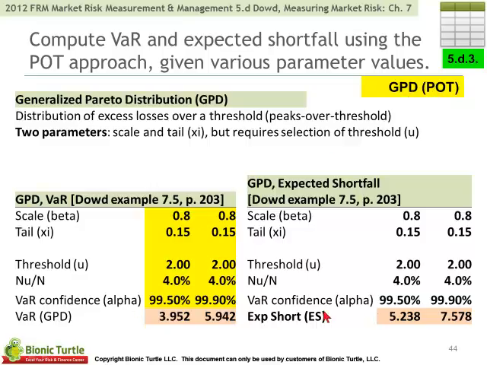We've got a VAR, and then we've got also an expected shortfall. And we're not surprised that these values are higher. After all, this value is the average of the losses in excess of this VAR amount, so it needs to be higher. This is the average of the losses in excess of this amount because it's at a higher confidence level.